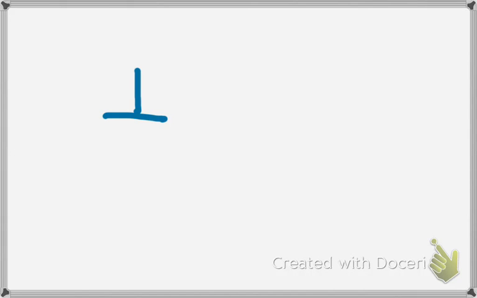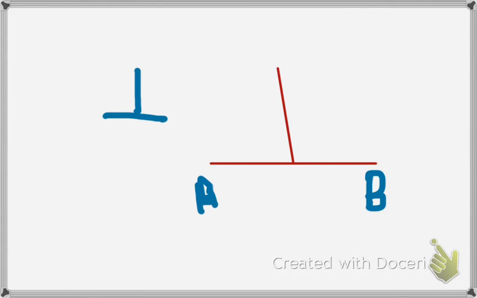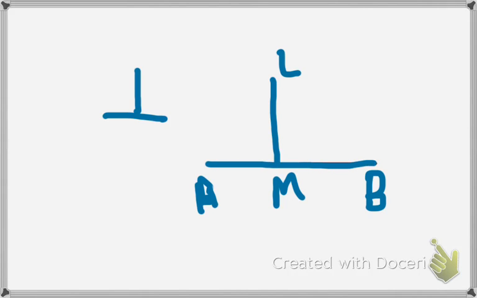Suppose the line AB and line LM are perpendicular to each other, they are intersecting.